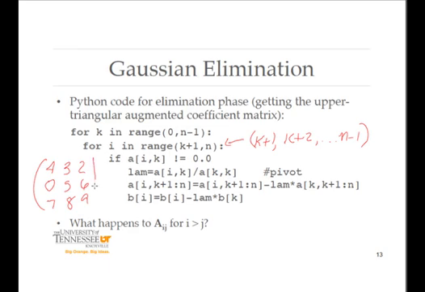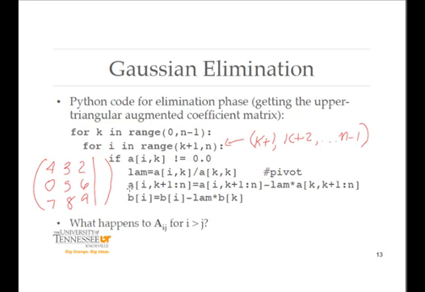If this was already 0, then you simply would not want to waste the time to try to take a linear combination with the first equation to 0 it out, because it already is 0. So that's what this particular code is doing. It's just making sure that what you're trying to eliminate isn't already 0. If it isn't 0, then we want to force the updated form to produce a 0 there.